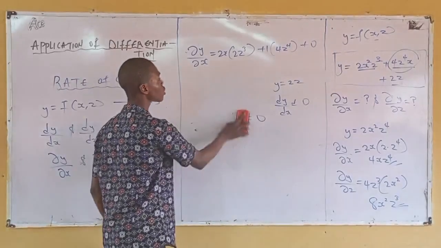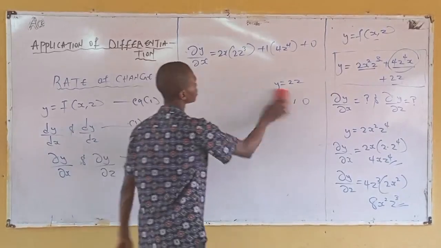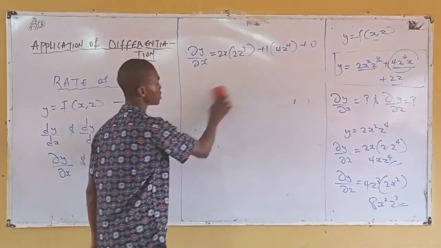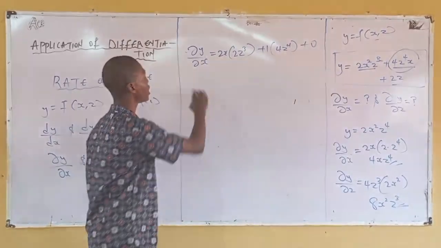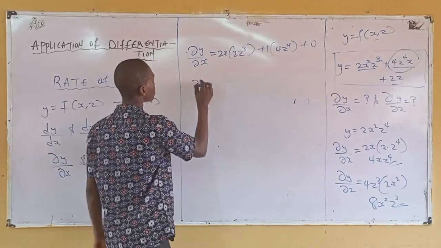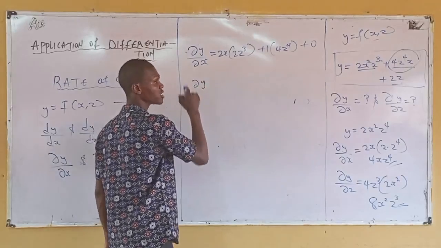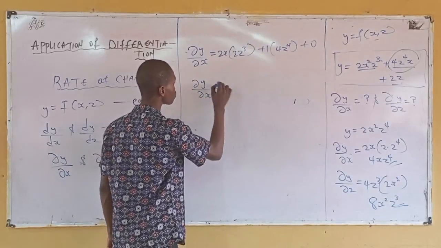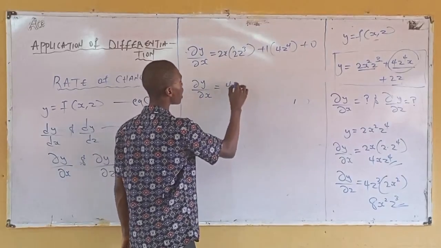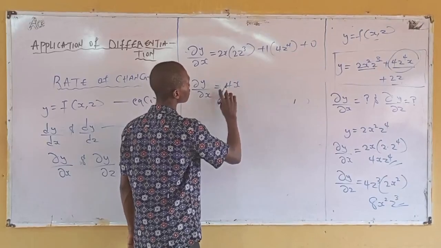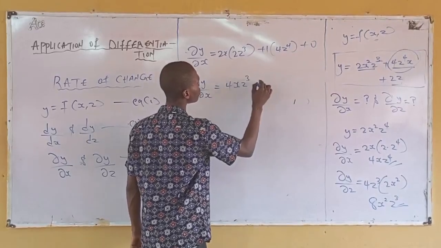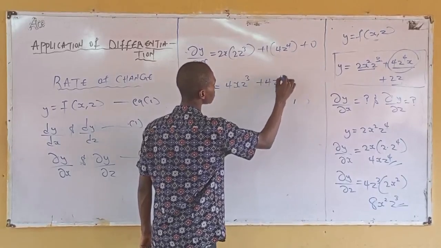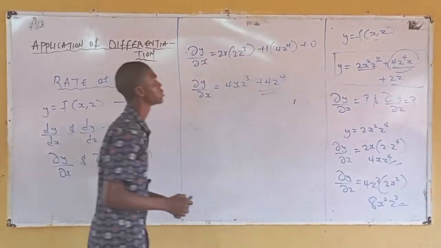Alright, let's open up our bracket. The partial derivative of y with respect to x is equals to 4x z cube plus 4z raised to power 4, and you are done.